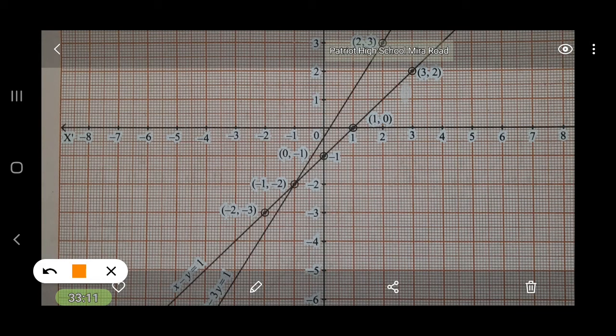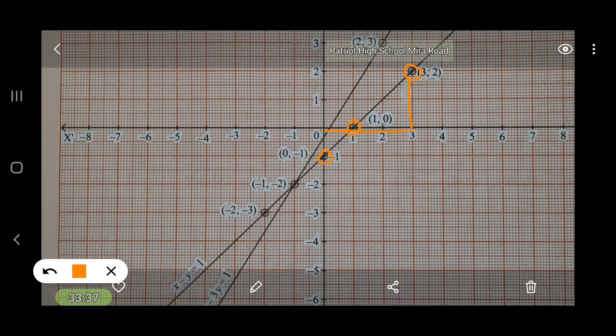So you have this first point (0, minus 1). The second point is (1, 0). So 1 in the x axis and 0 in the y axis. The third point is (3, 2). So you are moving 3 in the x axis and 2 in the y axis, positive 3 and positive 2. So this is the third point.